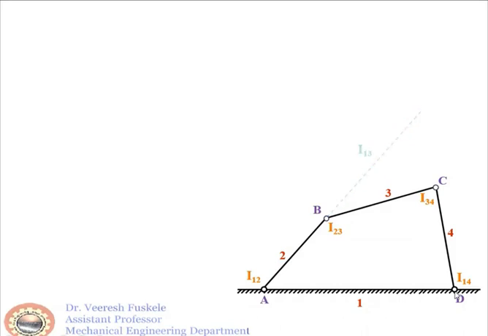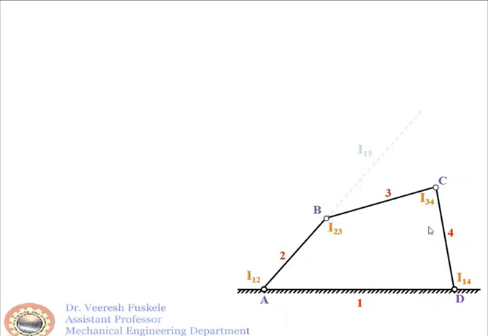Next, let us see another 3 links, 1, 4, and 3, which are also in relative motion with each other. Consequently, the 3 relative ICs, that is I13, I14, and I34, must be collinear.